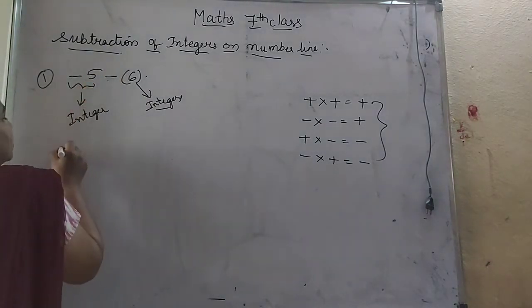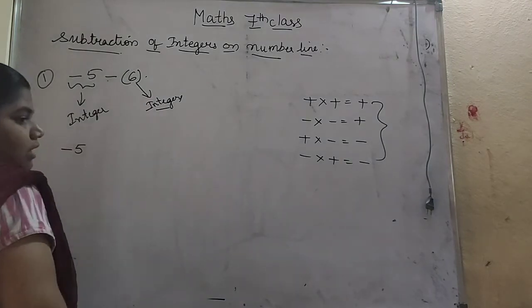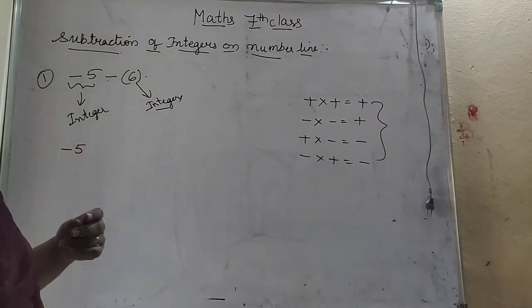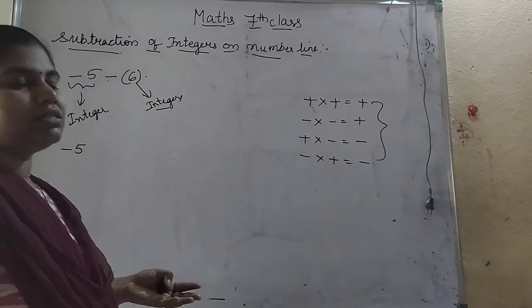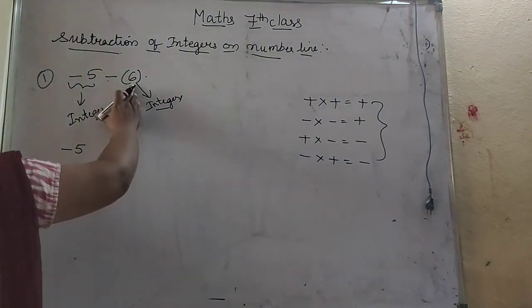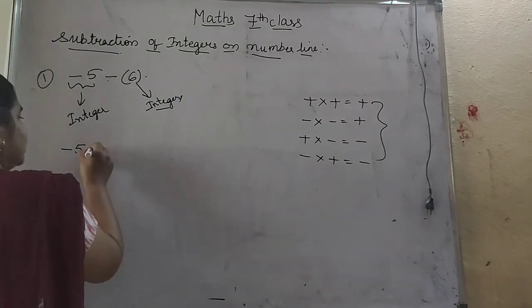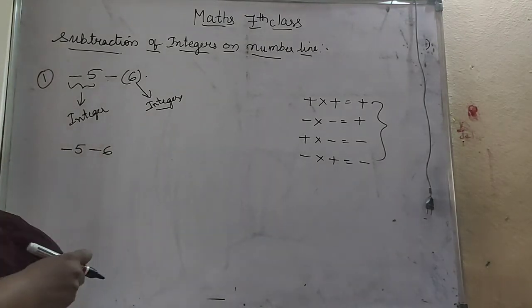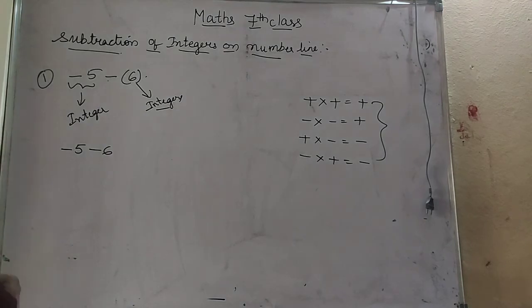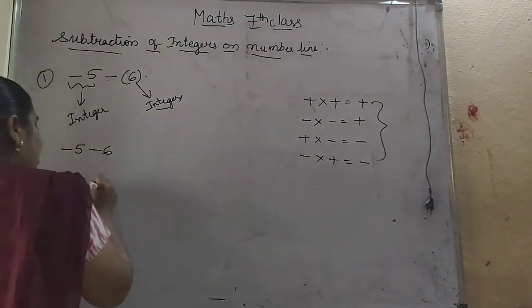So always the first number we have to write as it is. The second step is, wherever you see the double sign, make it into a single sign. But in the case of 6, before it you are seeing only a single sign, so we will write it as it is. Okay, now this value we have to show on a number line. So what number line we have to draw?